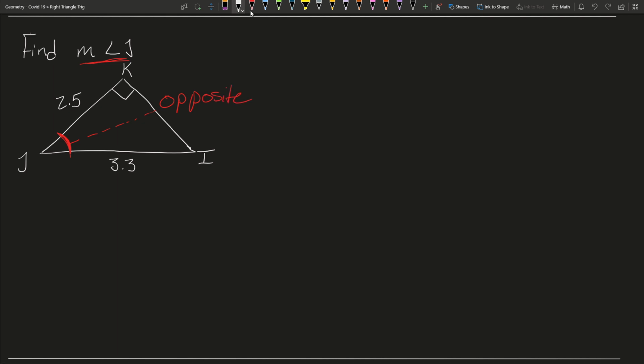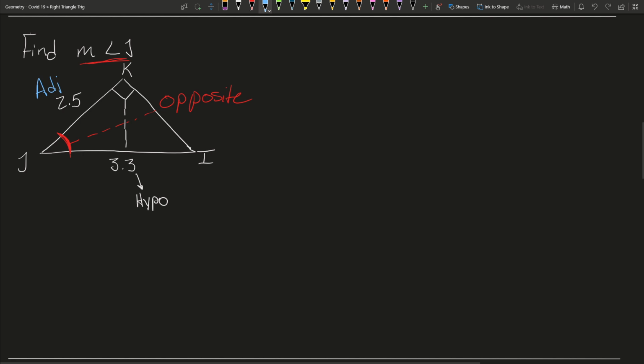If we draw a line from our right angle to the other side of the triangle, that gives us our hypotenuse. And then the side left over, that's the adjacent. So we have the adjacent and hypotenuse, and we need angle J.